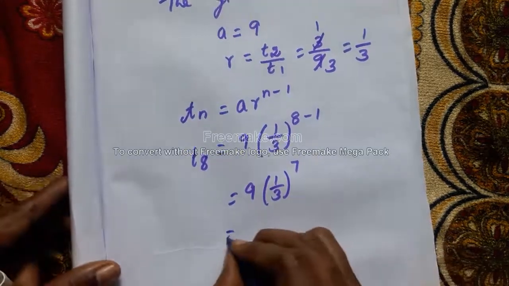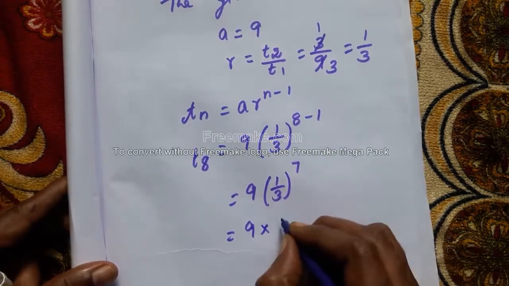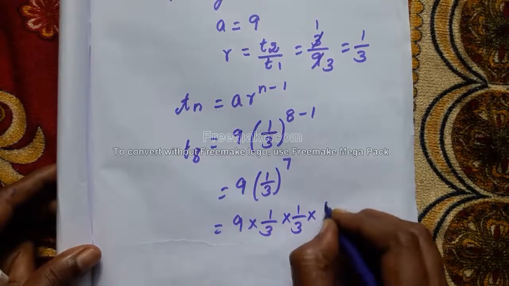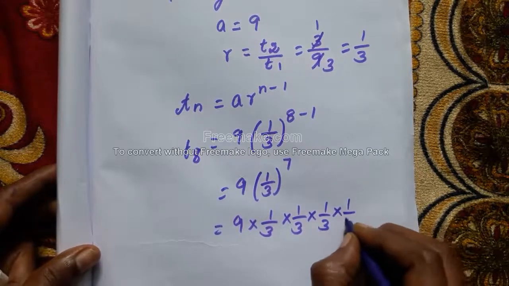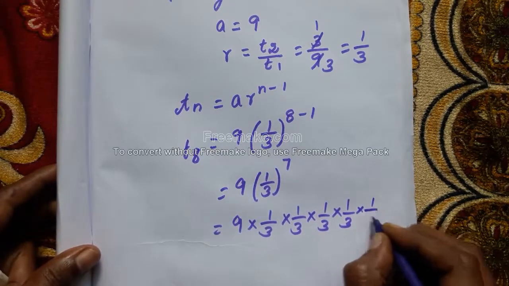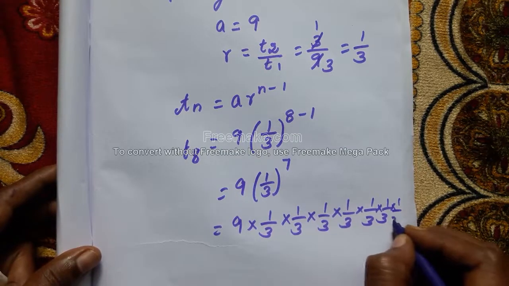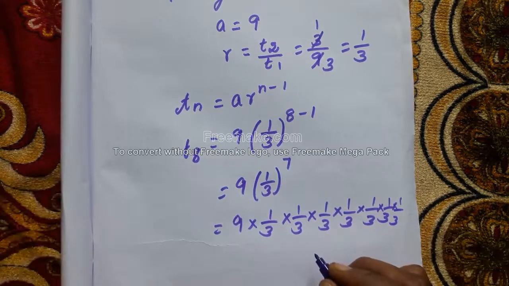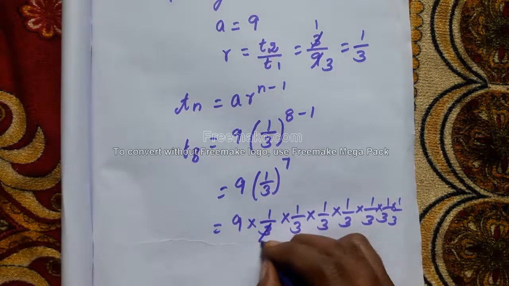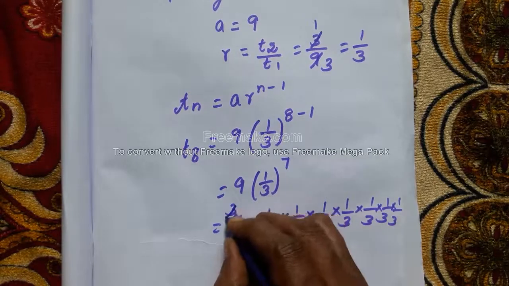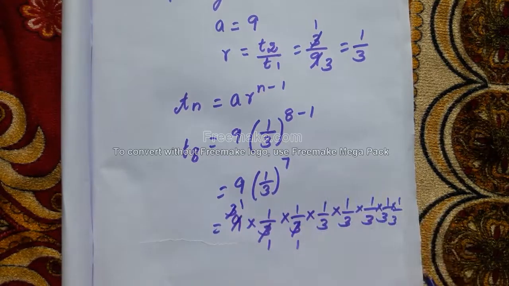7 means 9 into 1 by 3 into 1 by 3 into 1 by 3 into 1 by 3 into 1 by 3 into 1 by 3 into 1 by 3. 7 times we have to write 1 by 3. 1 3 is 3, 3 3s are 9. 1 3 is 3, 1 3 is 3.